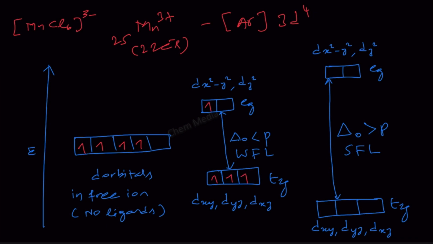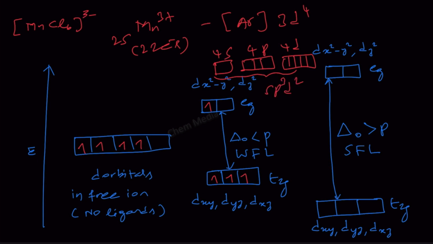So this means that for hybridization, the metal ion will be using 4s, 4p and 4d orbitals. So therefore the hybridization in this case is sp3d2. Even though the complex is paramagnetic, the hybridization is not what we wanted, and therefore we shouldn't count this.